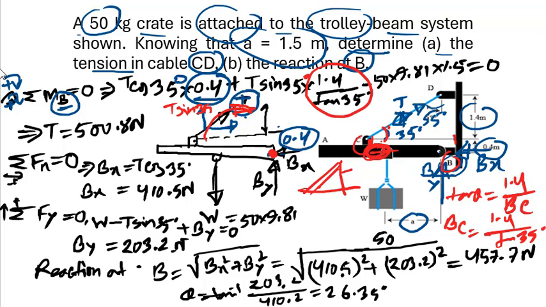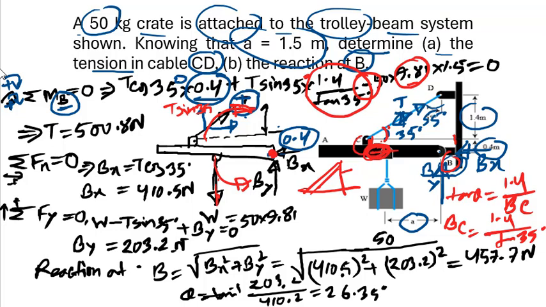But this direction tries to move anti-clockwise, so it will be negative. The weight is 50, so we multiply by 9.81 Newton and by the perpendicular distance.